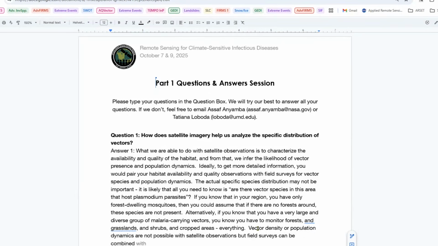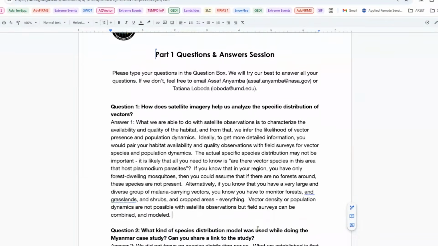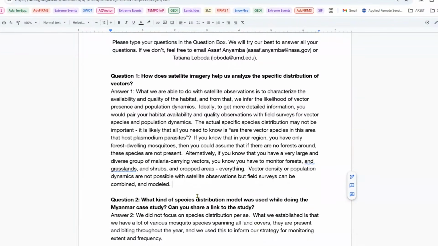And then we used field traps located randomly in different land cover types that were identified in our base map, to collect presence and density of mosquitoes using light traps. We did a couple of field seasons and collected some very interesting information.